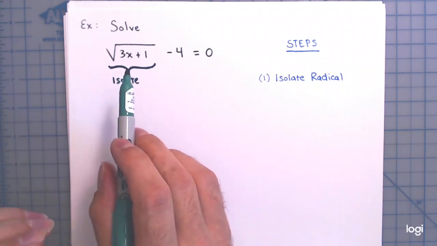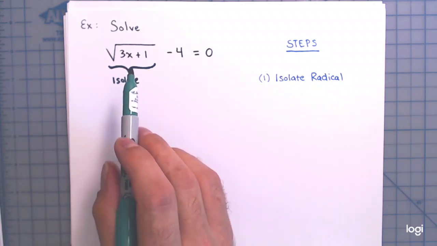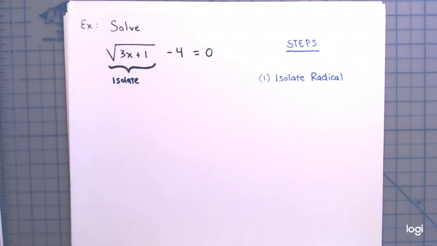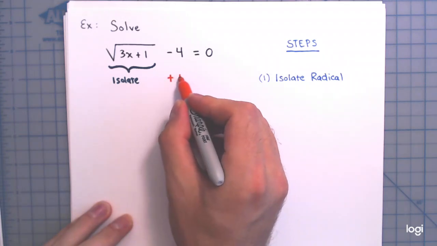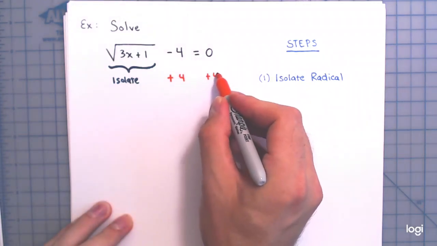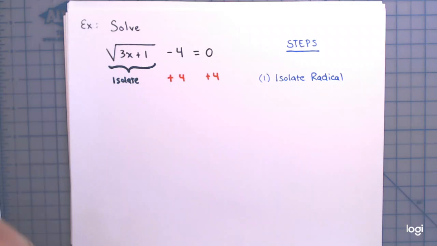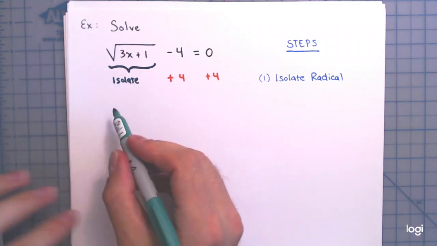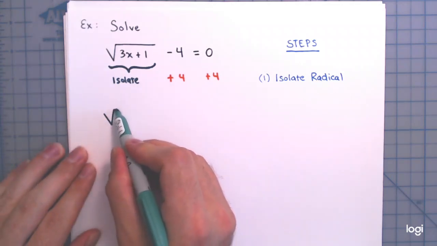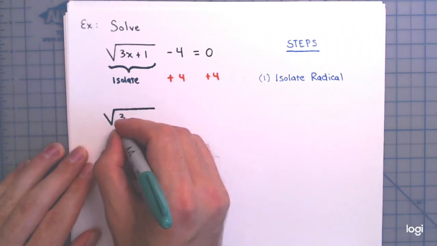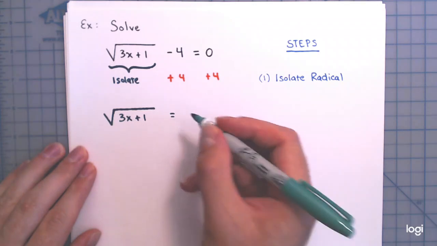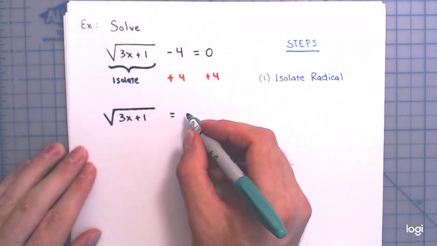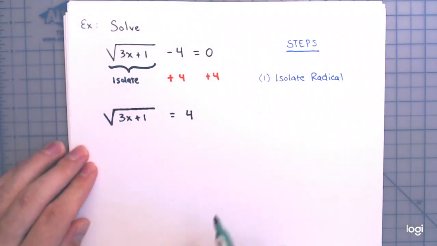It's already on the left, so I'll keep it on the left. In order to isolate it, I need to get rid of this negative 4, so I'm going to add 4 to both sides. That gives me the square root of 3x plus 1 on the left equals 0 plus 4 on the right, or just 4.